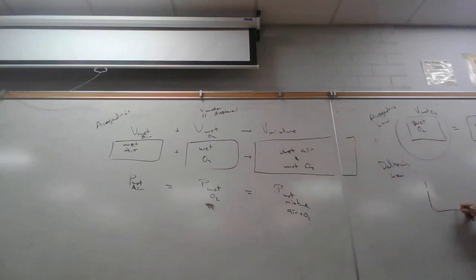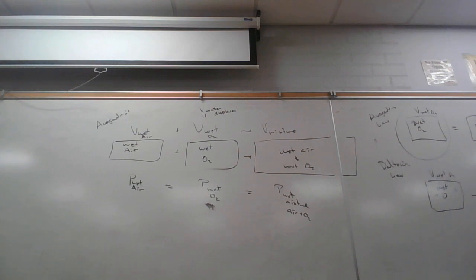What we're going to do in this case is take the volume of the wet O2 and divide it into two containers like this. If I have my wet O2, I'm going to take all the oxygen molecules out of this and put them into the same size container.